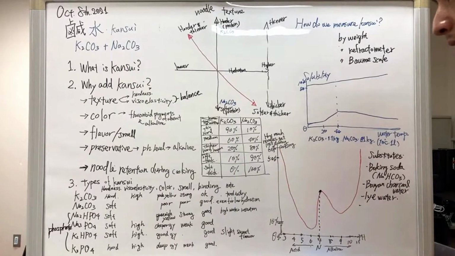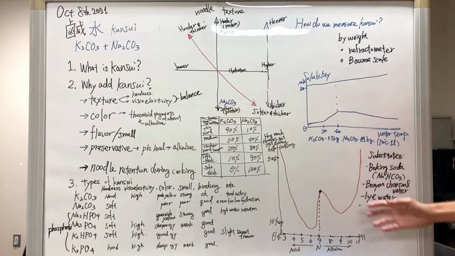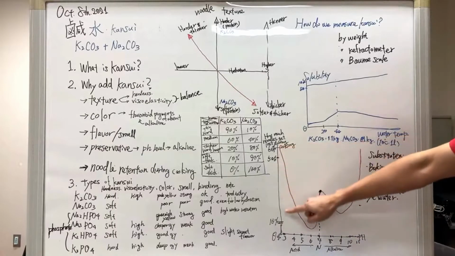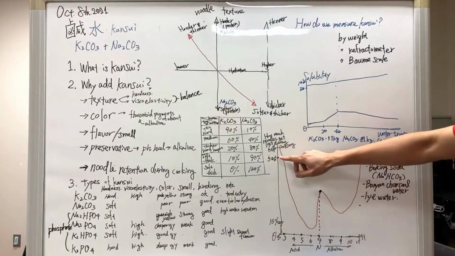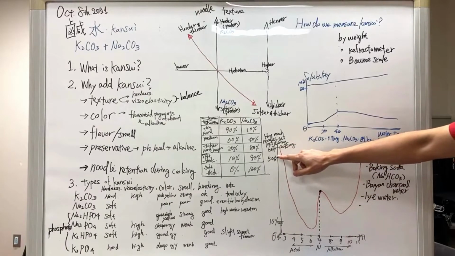And I wrote noodle retention during cooking. That also has to do with pH level. I took this graph from our ramen noodle making textbook, and we tested over and over to find this out. The vertical line represents how much noodle we lose during cooking.